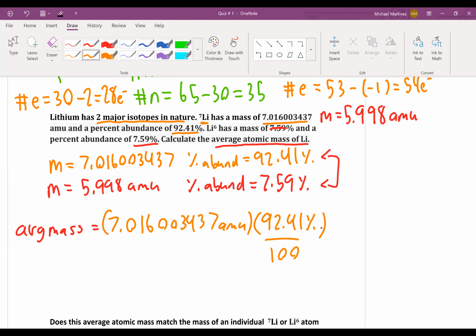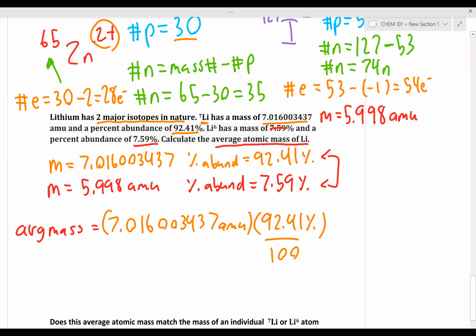We've accounted for one of our isotopes. Do we still need to account for our second isotope in this weighted average? Yes. So to do that, we'll add 5.998 AMU times the percent abundance of 7.59% divided by 100.